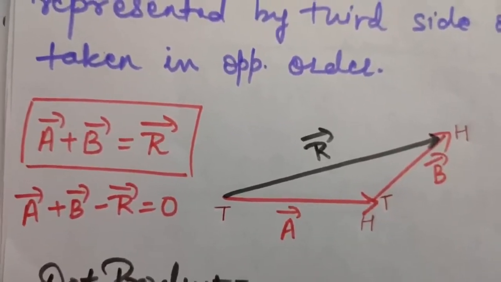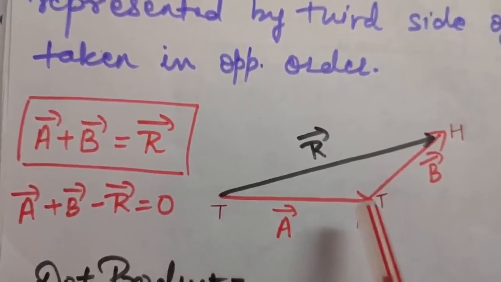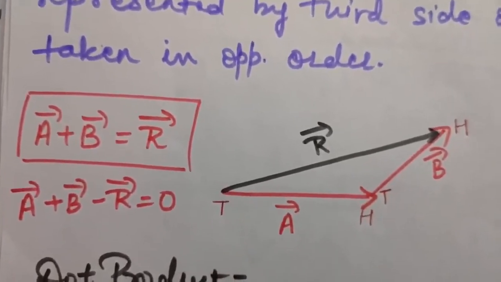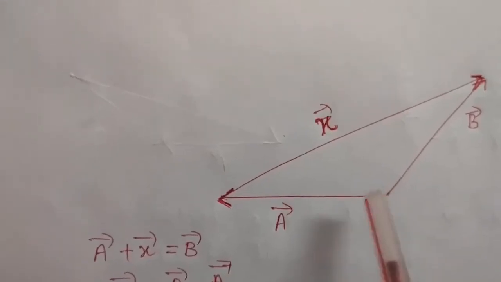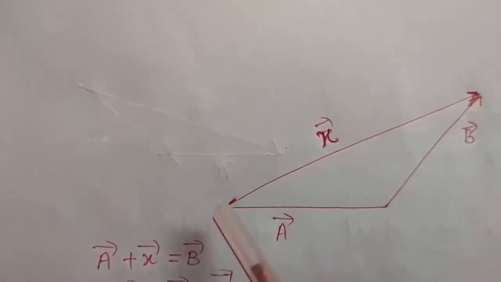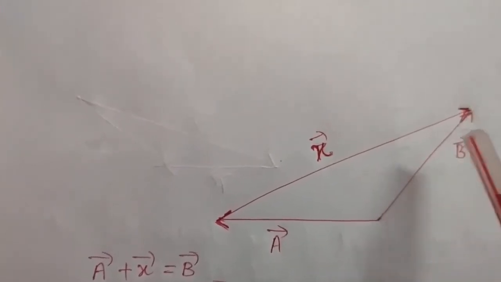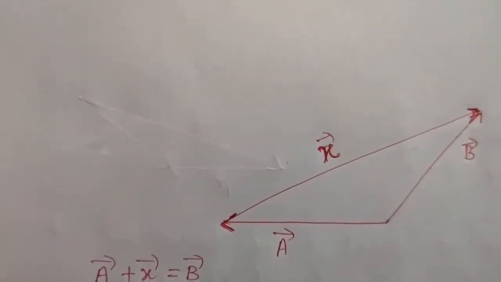Now suppose I want to do the subtraction, then let us suppose I reverse the direction of A. As you can look here, I have reversed the direction of A. B is kept in the same direction and now I am denoting the third vector by X. This is also kept in the same direction as R was in the initial diagram.